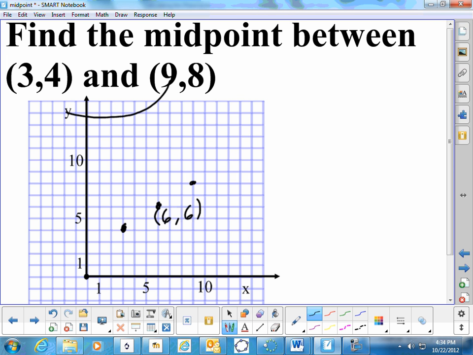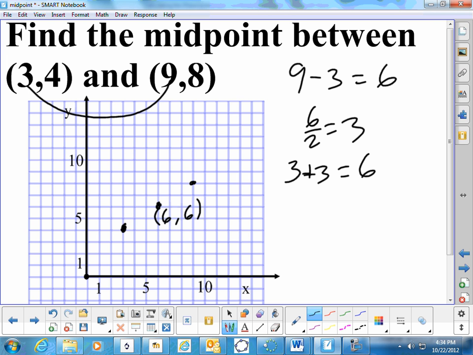The difference between 9 and 3 is 6. So the distance between the two x's is 6. So half of that is 3. So if I start at 3 and go 3 more towards 9, then that would be 6.